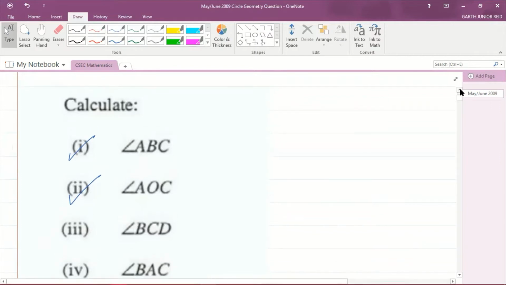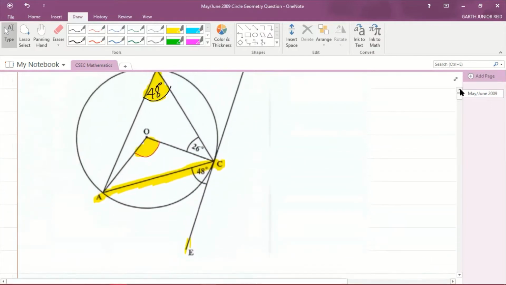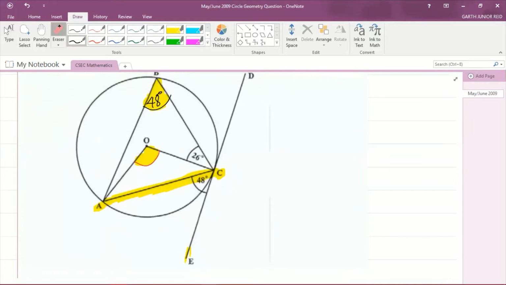All right, let's look at the diagram here. So let me erase these markings here. So we know that this angle here is 48 degrees. Okay, and we know that this angle here, AOC, is 96 degrees. Great.